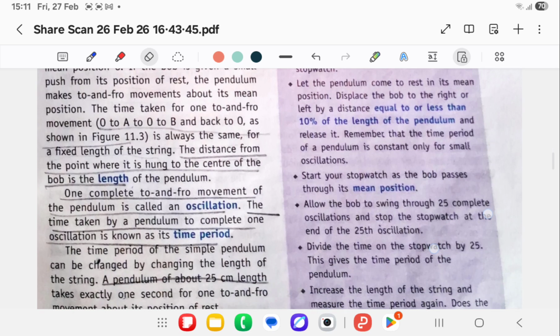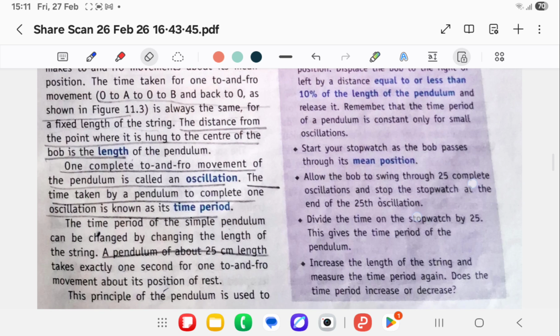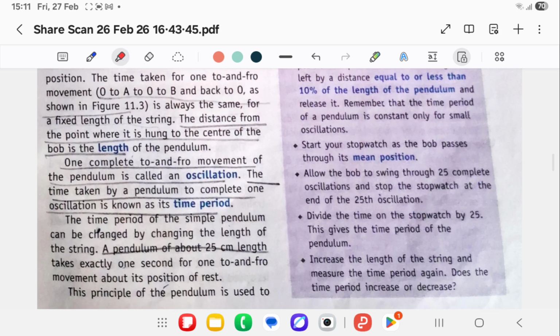Now, the length of the string determines the time. You can see, if we keep the length at 20 centimeters, it is exactly 1 second. What does 1 second mean? To complete one to and fro motion.